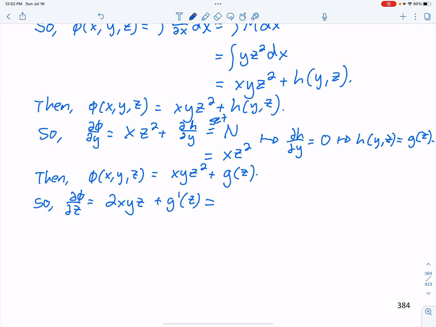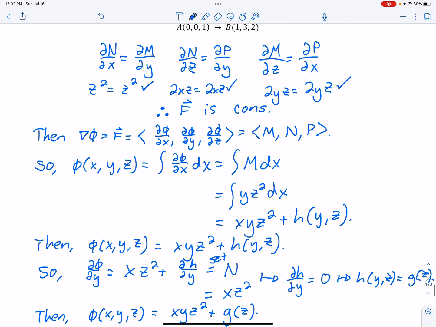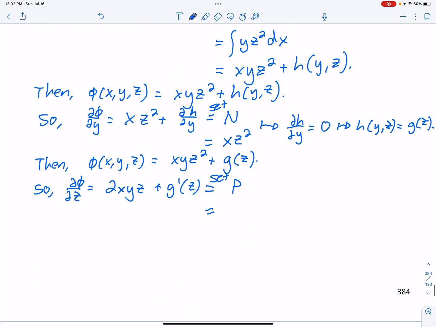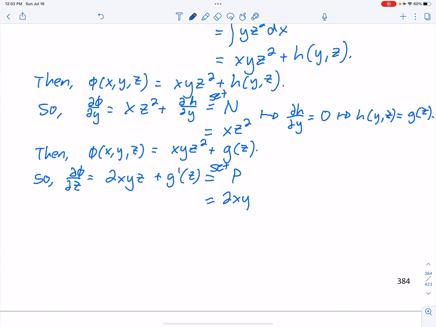And we're going to set this equal to P, because that's the one that is phi's derivative with respect to z. Right, P was equal to 2xyz. Surprise, right? That thing goes away. Which tells me that g prime of z is equal to 0, which tells me that g of z is just a constant c.